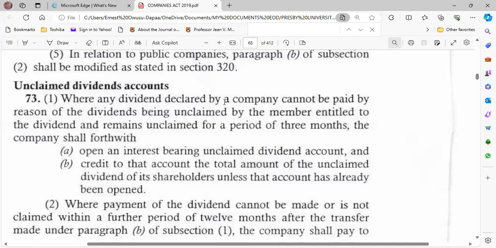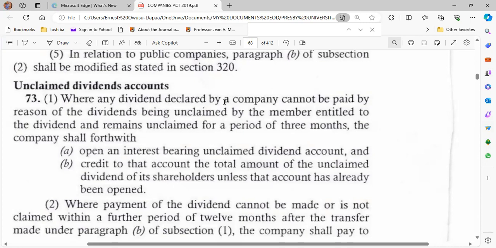Now, if we look at the old law, that is the repealed Companies Act 1963, Act 179, the provision which governed dividends was section 73, declaration of dividend. And the law was quite silent on a number of things, especially what should happen to dividends which have been declared, and those who are supposed to take the dividends, they don't come forward and take it.